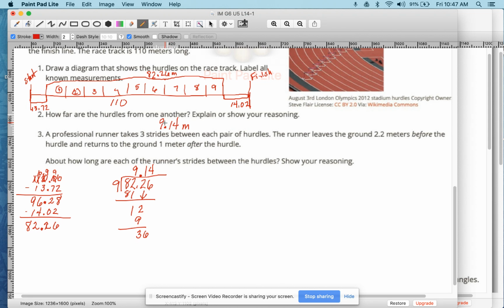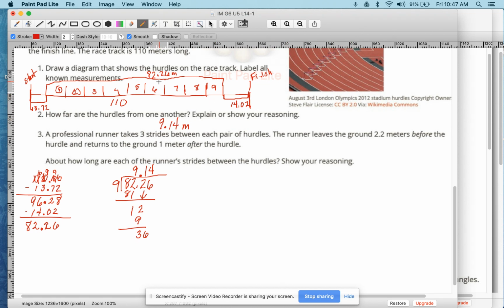This next one is very tricky, so pay attention and please pause the video if you need to think about what I'm saying. You can rewind and listen again, but it's very tricky. A professional runner takes 3 strides between each hurdle. So between this hurdle and this hurdle, that runner is taking 3 strides. But the runner leaves the ground 2.2 meters before.